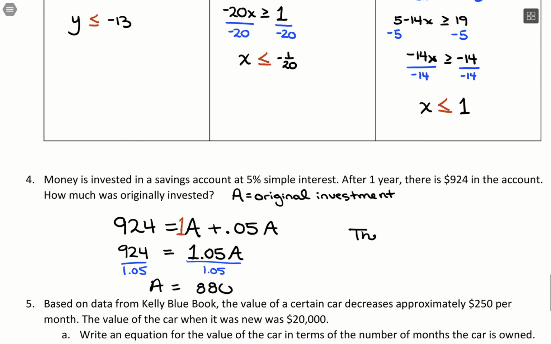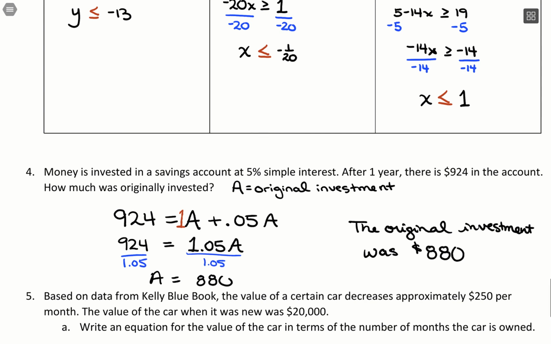So the original investment was $880. If this was decreasing, the only change you would see is subtraction. So then we'd have like a 0.95A in the next step.